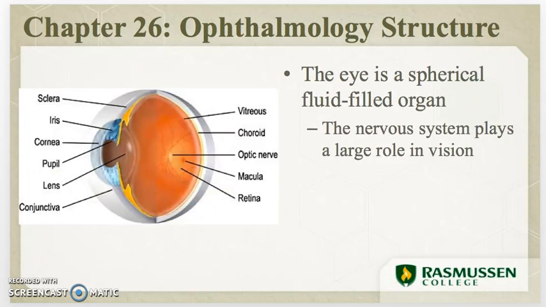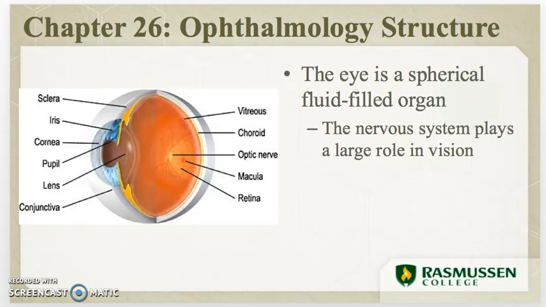So we're going to start with chapter 26, which is looking at the structure of the eye itself, looking at what the eye is composed of and what all we are looking at when we're part of this. So when we start discussing the eye, we're also talking about diseases of the eye. We need to know that the eye is a spherical fluid-filled sac or fluid organ composed of structures that facilitate vision.